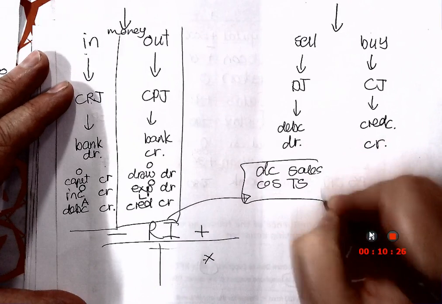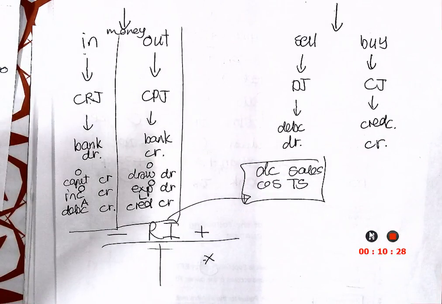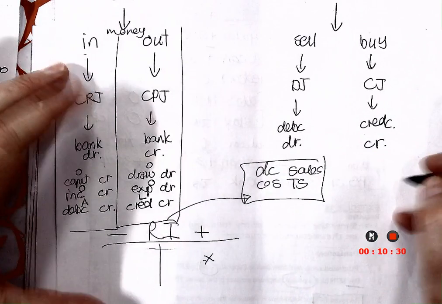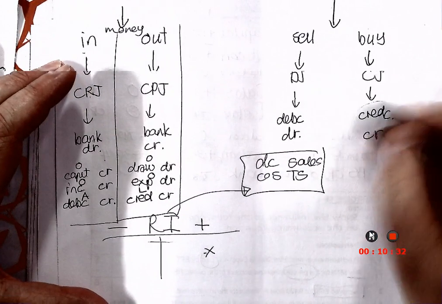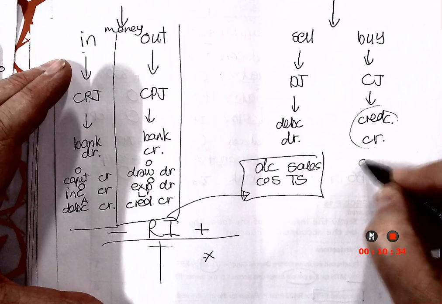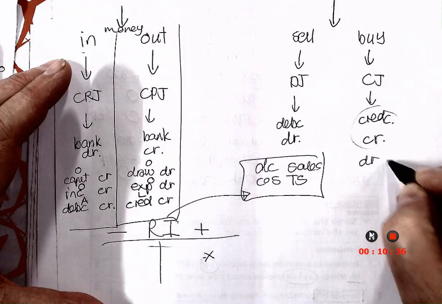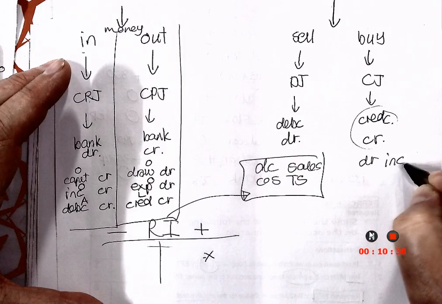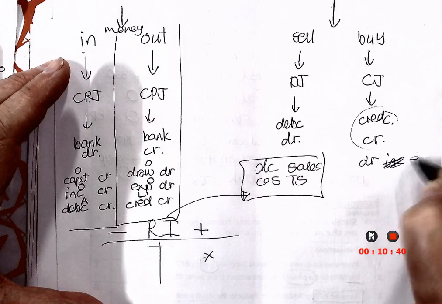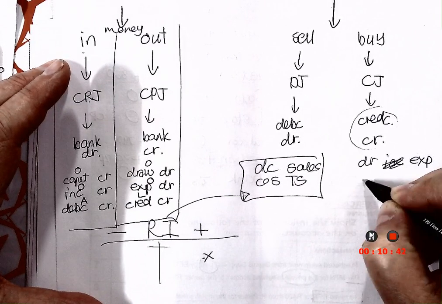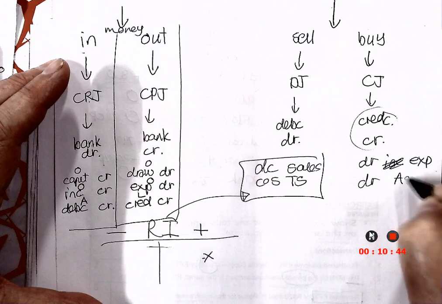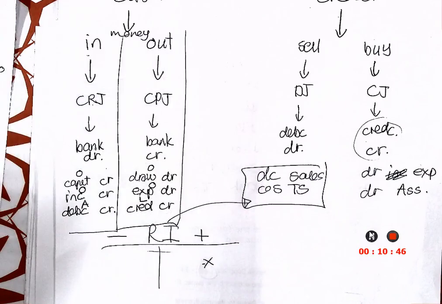This is the only option at the DJ. CJ, if creditors is credited, what will be debited? Either income, expense, or an asset. That's all.